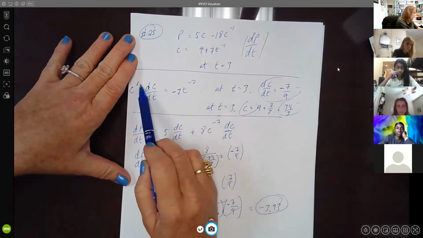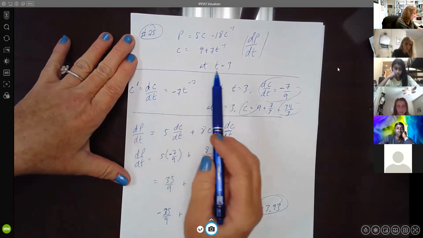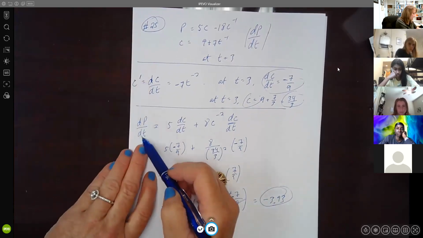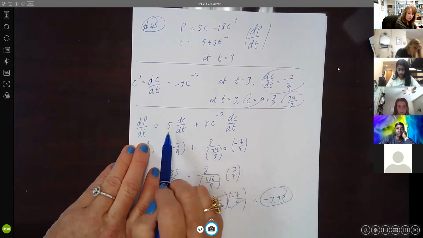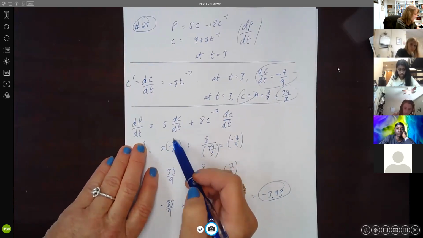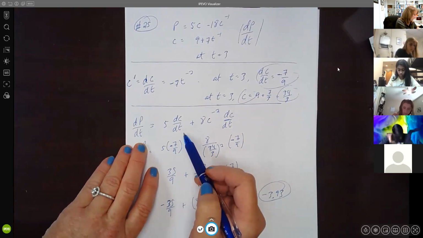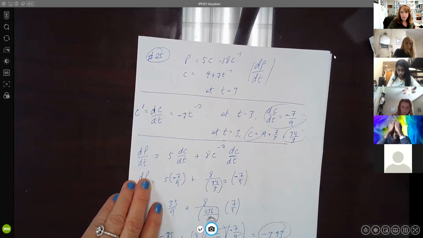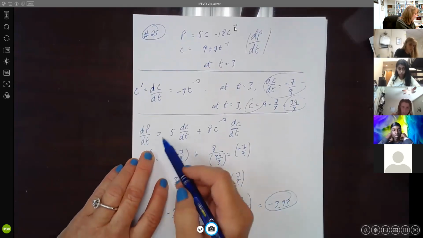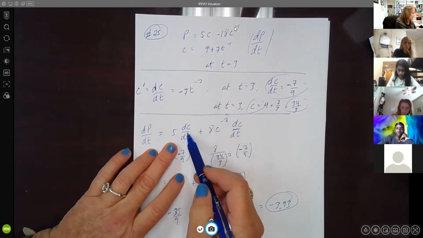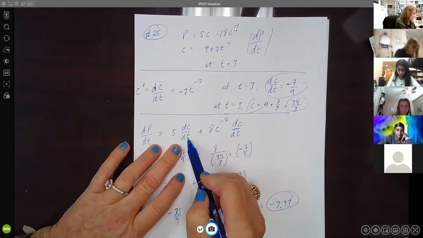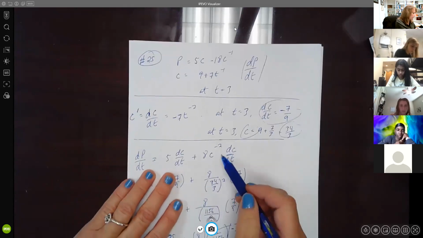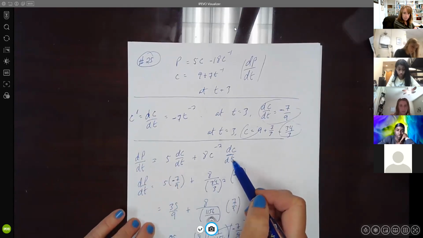Now that I have C prime, which is dC/dt, I'm going to come in here and find dP/dt. I'm going to do the P function implicitly with respect to time. So the derivative of the P function would be dP/dt equals 5C, well, that's 5 dC/dt. The derivative of negative 18C to the negative 1 is 18C to the negative 2 dC/dt, right?